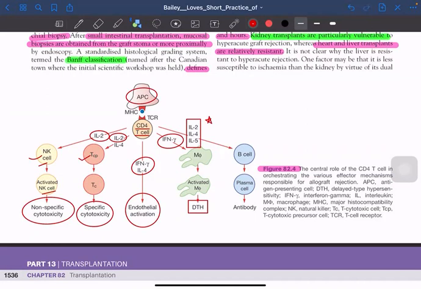They produce plasma cells and eventually antibody production. These show the central role of CD4 T cells in orchestrating the various effector mechanisms responsible for allograft rejection, which we have already read, but this is a good graphical presentation: interleukin 2, interferon gamma, interleukins 2, 4, 5, activated T cells, cytotoxic T cells, endothelial activation, delayed hypersensitivity, and B cells and antibody production.